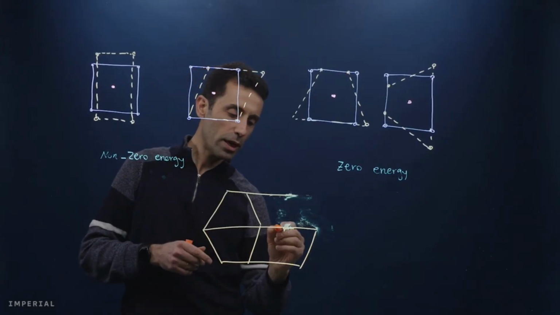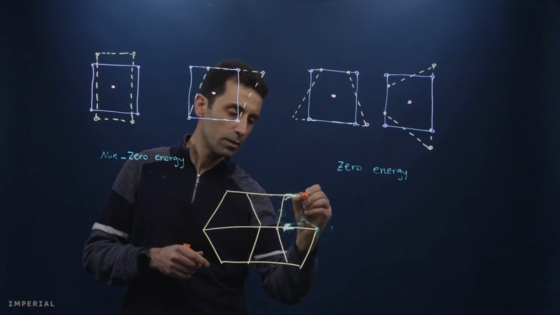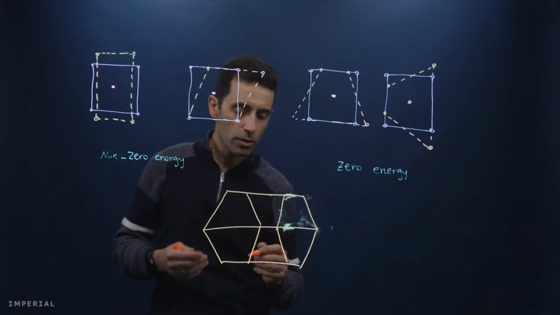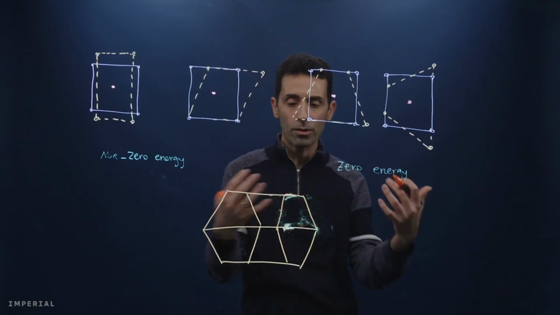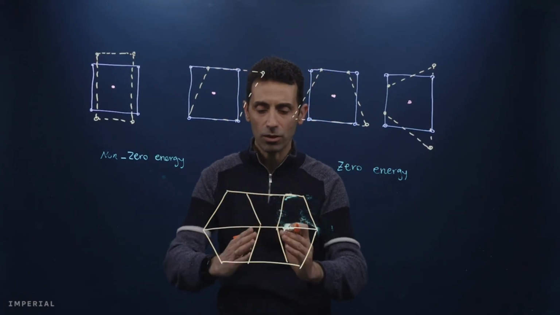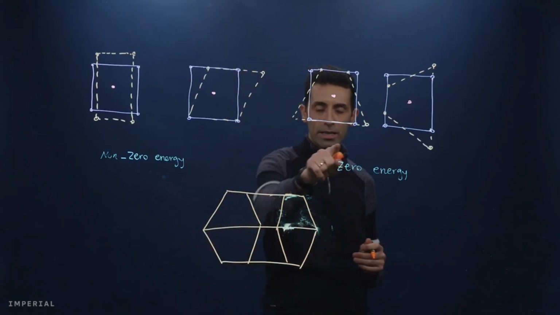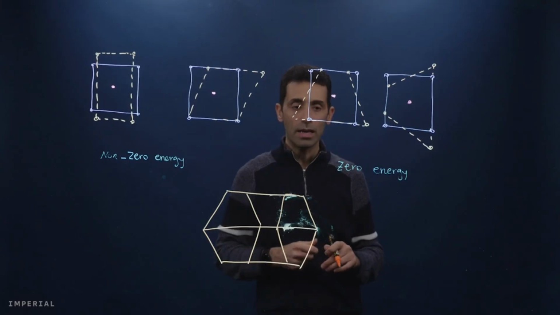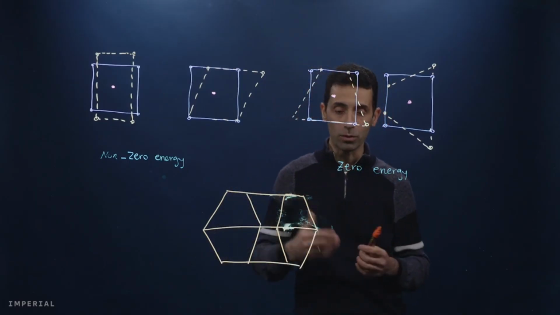So here we would have like this. Okay, so you see now we have 6 elements, and they have had this zero energy deformation, and you can see the shape of these two central elements. This looks like an hourglass. That is why this zero energy deformation is also called the hourglass deformation or hourglass mode.